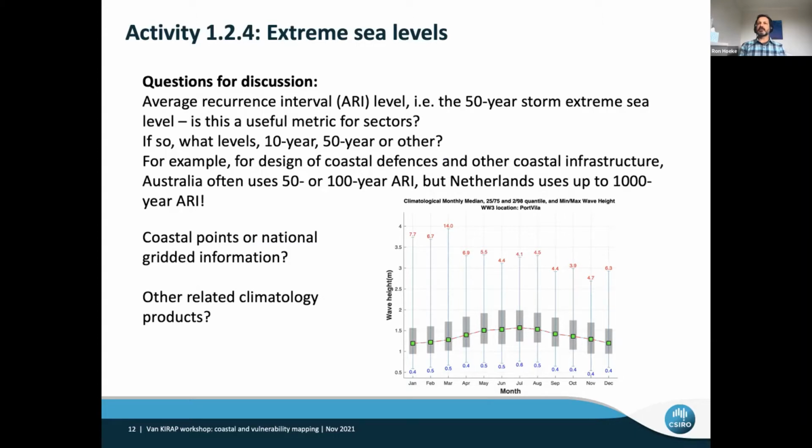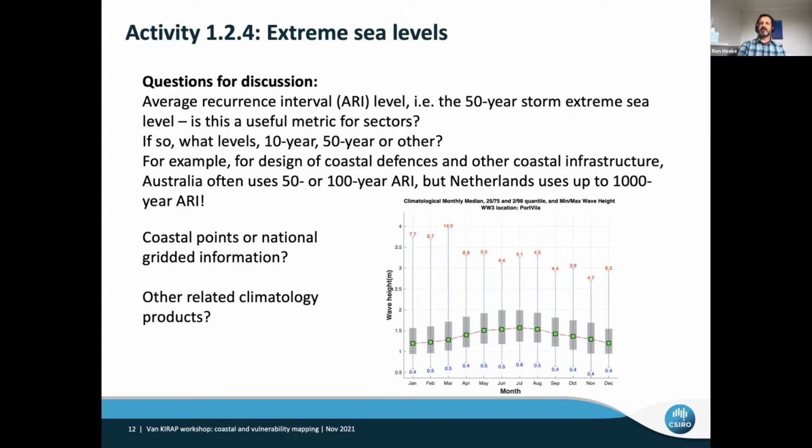But what I'd really like for us to consider in the discussion period of this workshop is, do these average occurrence intervals make sense to the sectors and to the other KIRAP stakeholders? And if so, what levels should we consider delivering? We've just preliminarily calculated the 10-year and the 50-year, but we could easily do the 20-year or the 100-year or something like that.